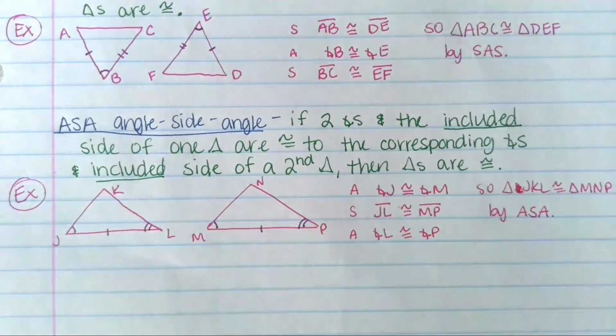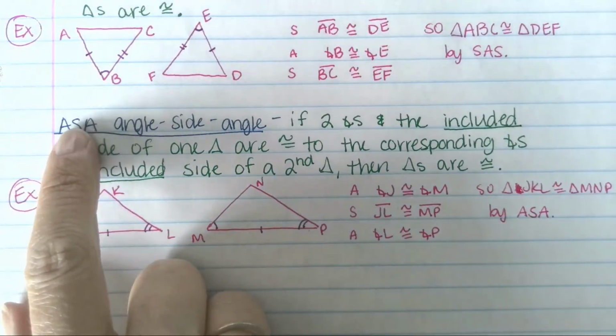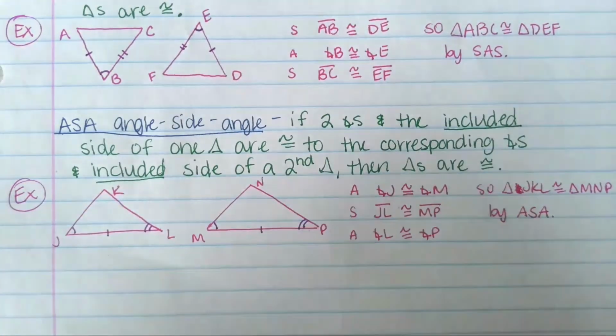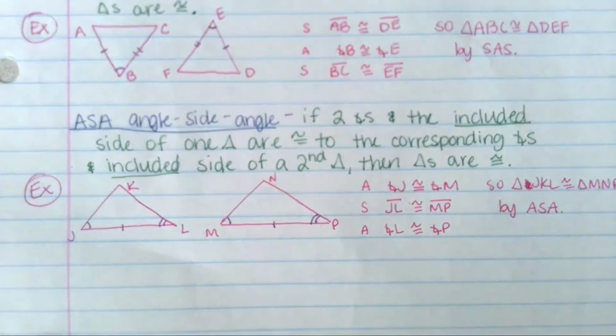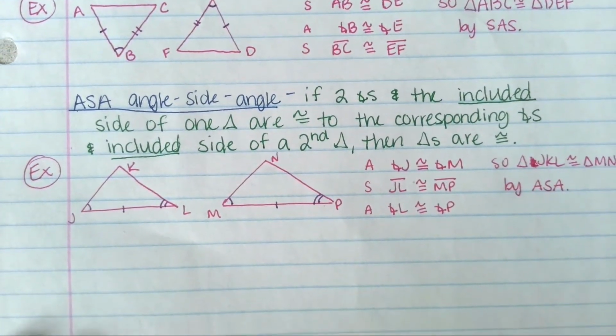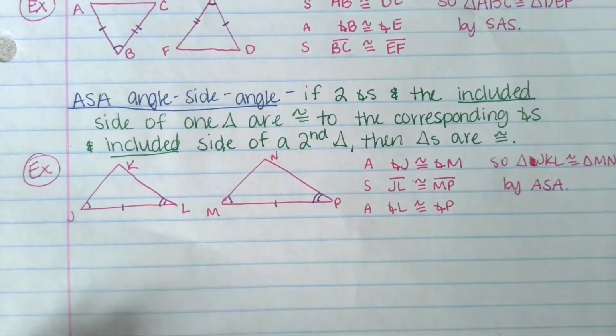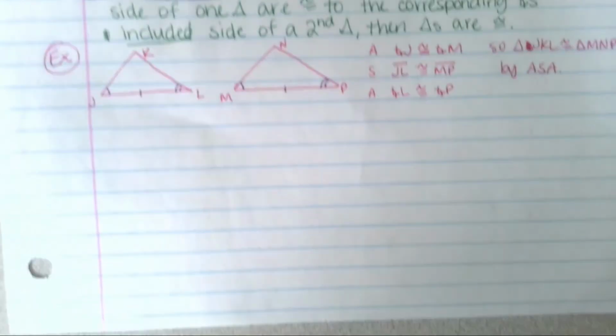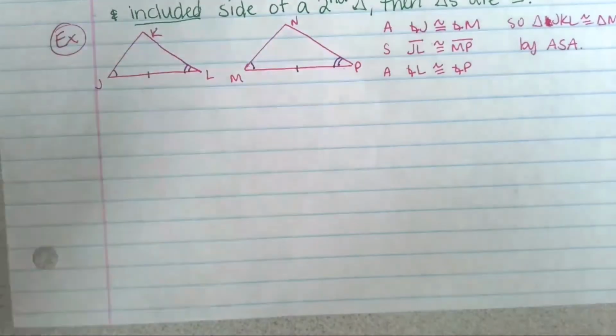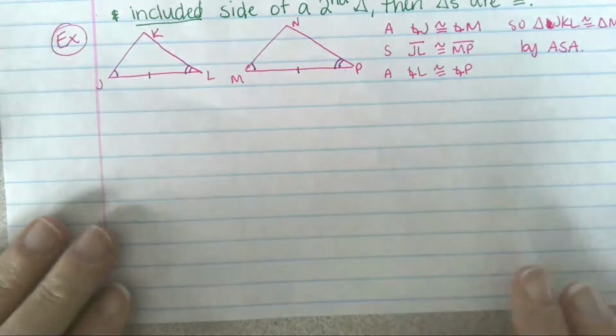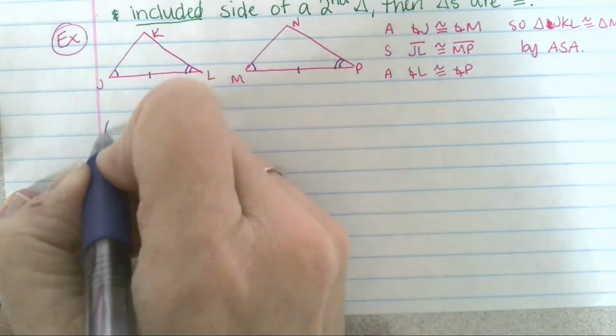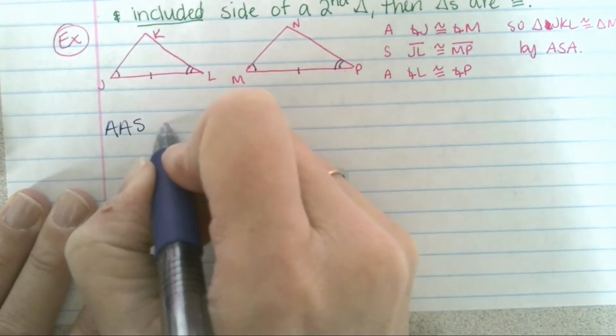And you can remember because it's in that order where the S is between the two A's. When I was in high school, that's how I liked to remember it. Okay, so the last official one that we're going to do, we have AAS, so angle, angle, side.